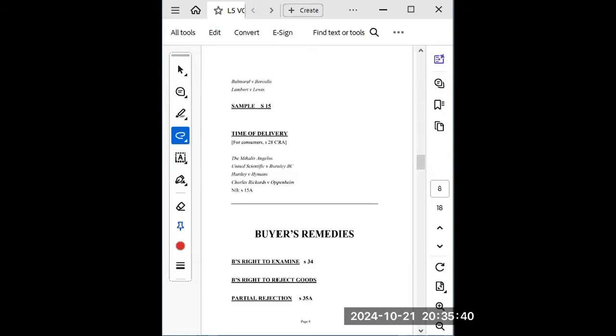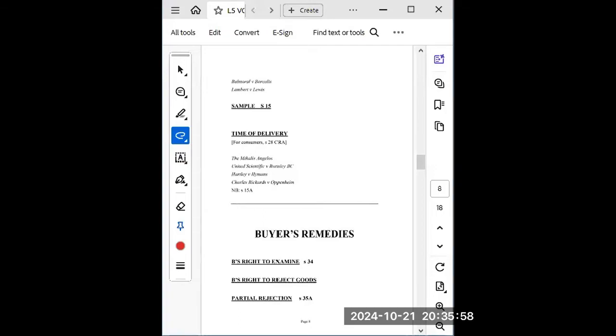Once the buyer has had his opportunity to examine for breach of 13, 14, or 15, the buyer has a choice. The buyer can reject the goods and get his money back and claim damages, or he can affirm the contract and claim damages.